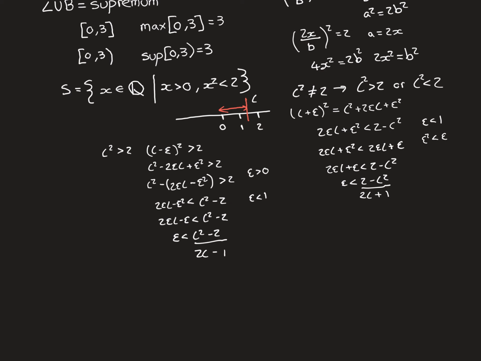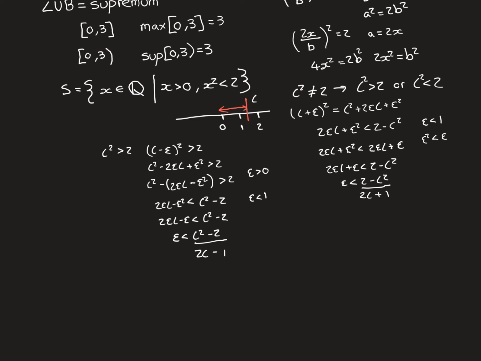So in this one's case, L squared was less than 2, so 2 minus L squared was always going to be a positive number. Again, 1 is in this set here. L was going to be an upper bound for this set, so it was always going to be greater than or equal to every element of this set, so it was always going to be greater than 1. So again, 2L plus 1 was always going to be a positive number, so that's the proof that this was always going to be a positive number.